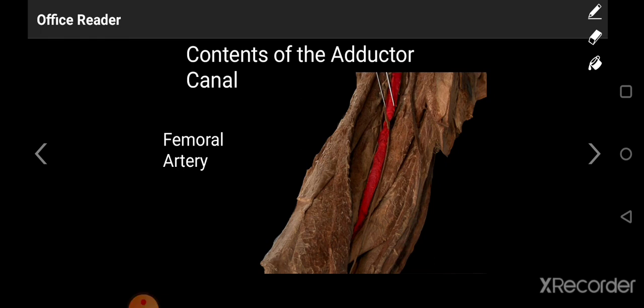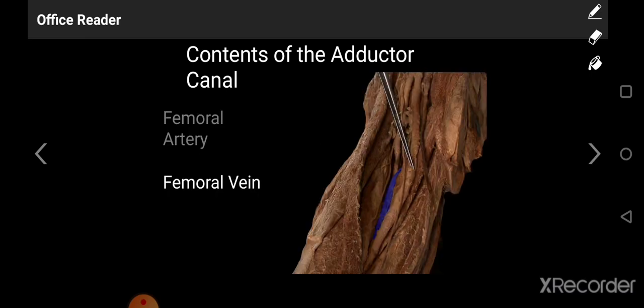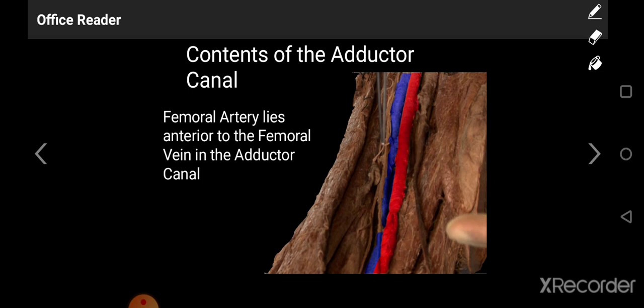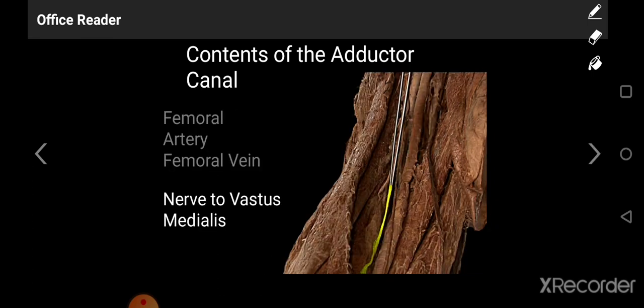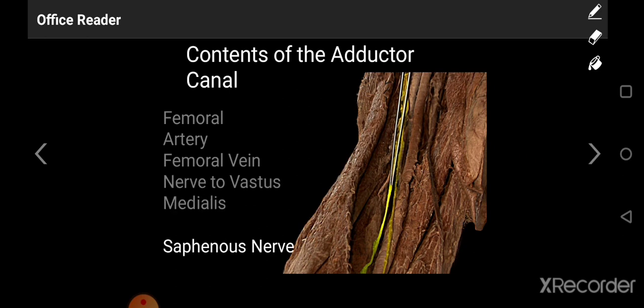So this is the femoral artery, colored red, and this is the femoral vein lying lateral to the femoral artery. The femoral artery lies anterior to the femoral vein in the adductor canal. This is the nerve to vastus medialis, another content of the adductor canal. This is the saphenous nerve. Nerves are colored yellow.